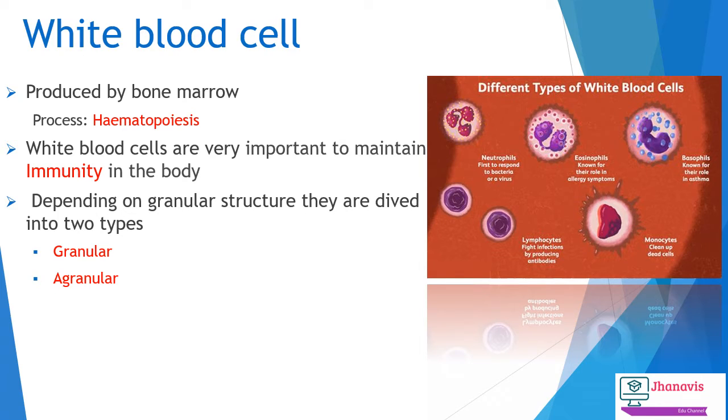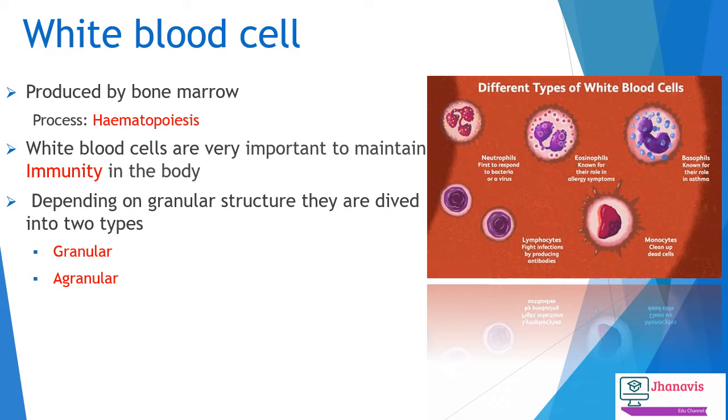The first granular WBC is the neutrophil. Next is the eosinophil. Third is the basophil. Normally, neutrophils play a very important role. Neutrophils increase in number when bacteria or a virus invades our cells. Invade means it enters the cell.